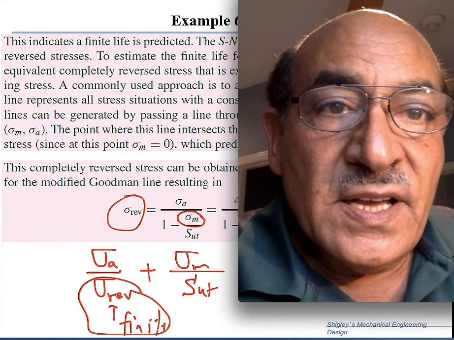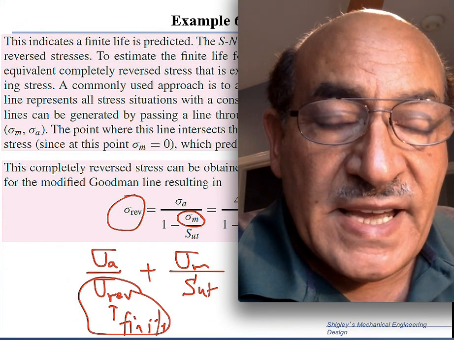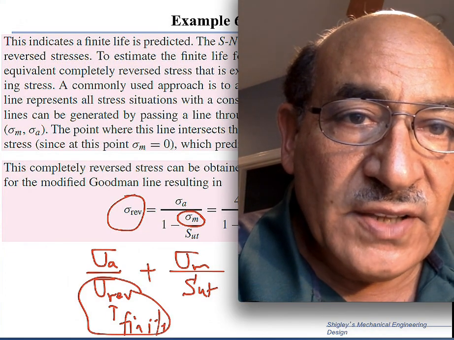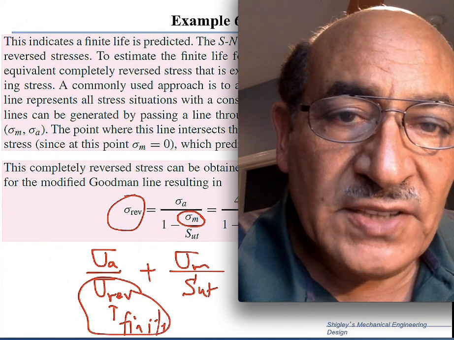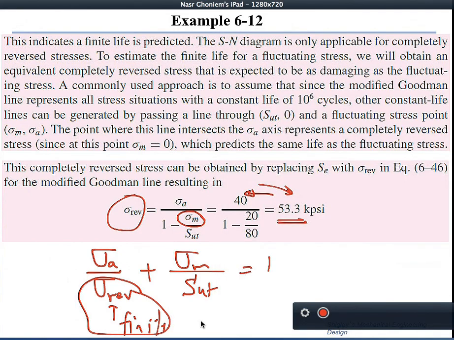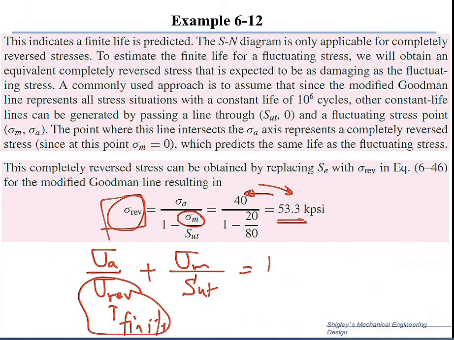In other words, we pretend that we don't have a mean stress because we took its effect on the alternating by modifying the alternating and making it higher than what it is, and then use sigma REV instead of sigma alternating in all our designs.